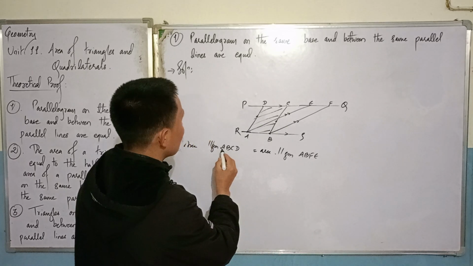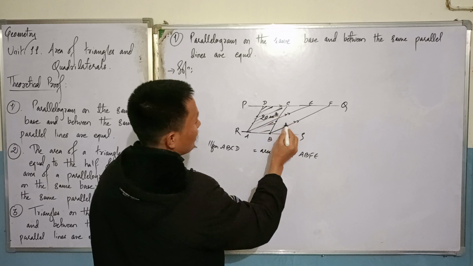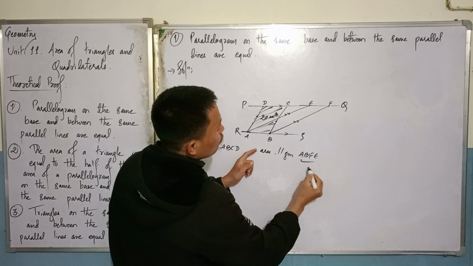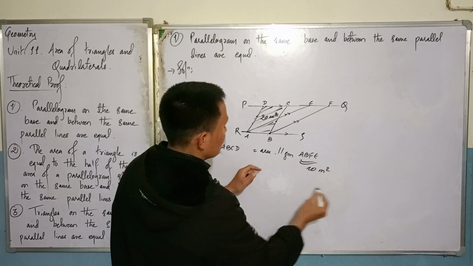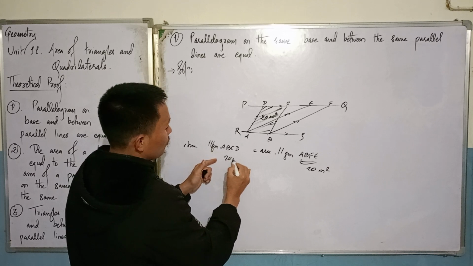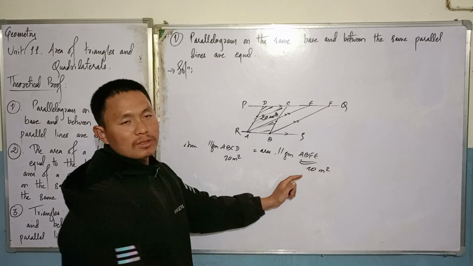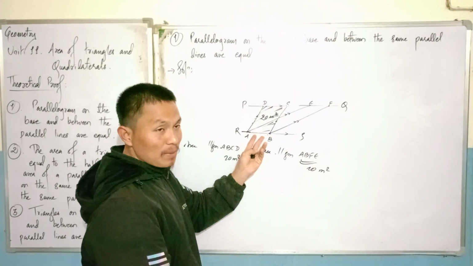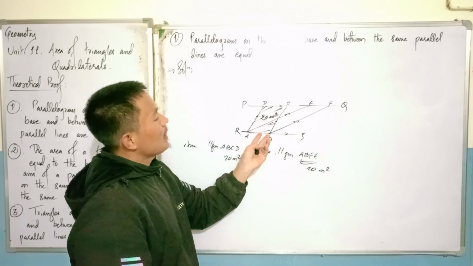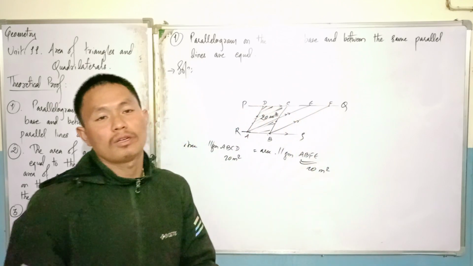If the area of parallelogram ABCD is, for example, 20 meters square, then the area of ABFE will also be 20 meters square, because they are standing on the same base AB and between the same parallel lines PQ and RS.